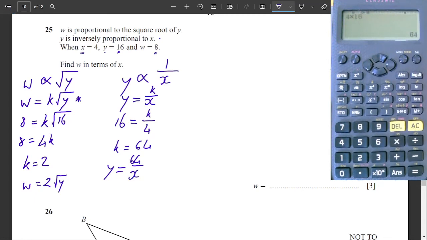Last step, it says find w in terms of x. Well, we've got w here in terms of y, but y is 64 over x. So we just need to substitute this for the y. So that means w equals 2 square root, instead of y, we put 64 over x.